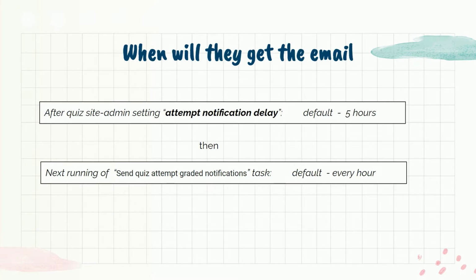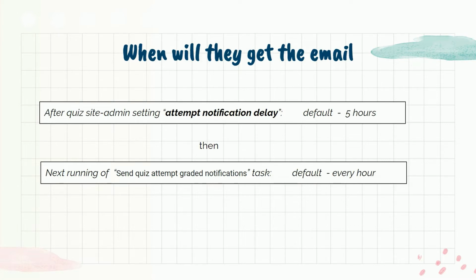If your quiz has no manually graded questions, if it's just multi-choice and true and false, then the attempt will be marked for notification as soon as it's completed because it's graded automatically.